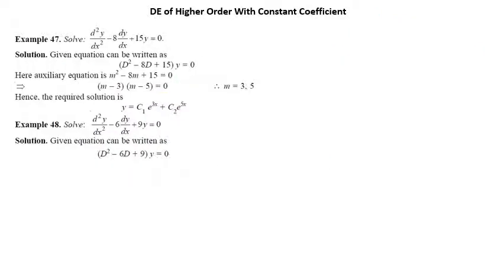Next, consider this example. Replace d/dx by capital D. Now this equation is converted into this form. Now replace capital D by parameter m. Instead of lambda, he has taken m.